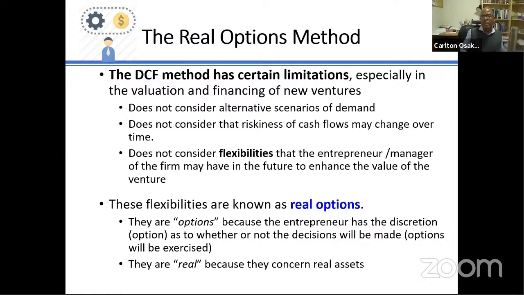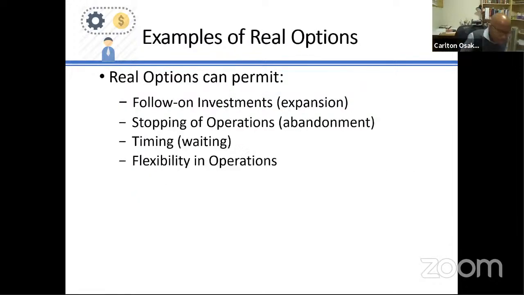So here are some examples of these flexibilities or real options, shall we say, that new ventures typically have. One is a follow-on investment, and this one they usually have. So you start off with a new venture and you see how the market goes. And if the market really picks up, you often have the flexibility or the option to expand, to crank up your production, for instance.